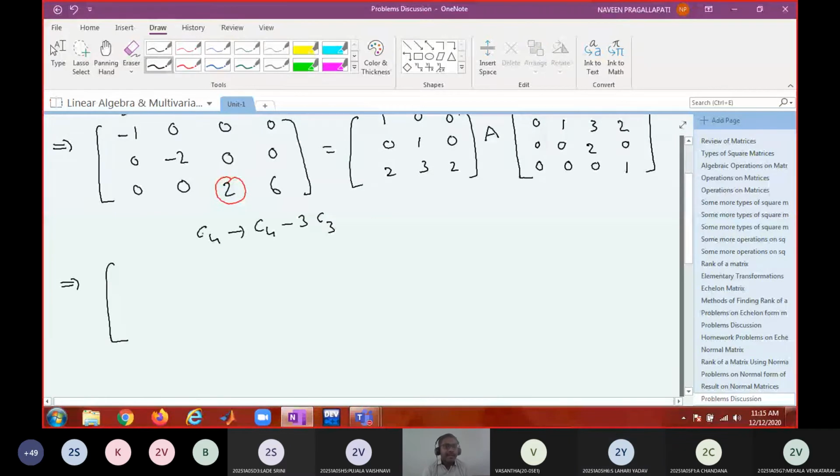So this is going to be minus 1, 0, 0, 0, minus 2, 0, 0, 0, 2, and C4 minus 3C3. The prefactor is as it is: 3 is 0, 9, 0, 3, 0, 2, 1 is 6.